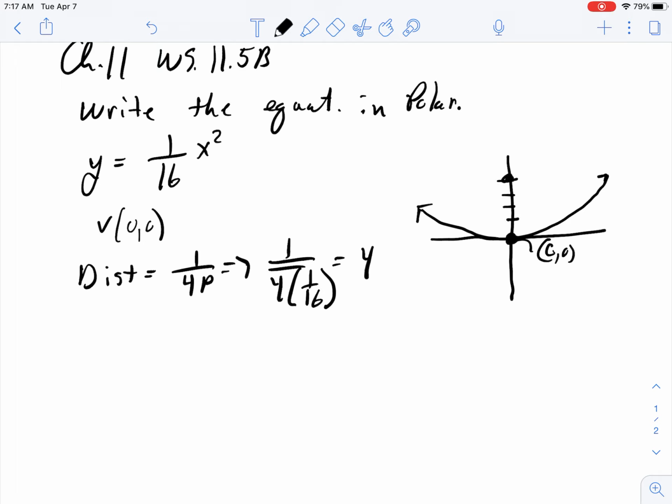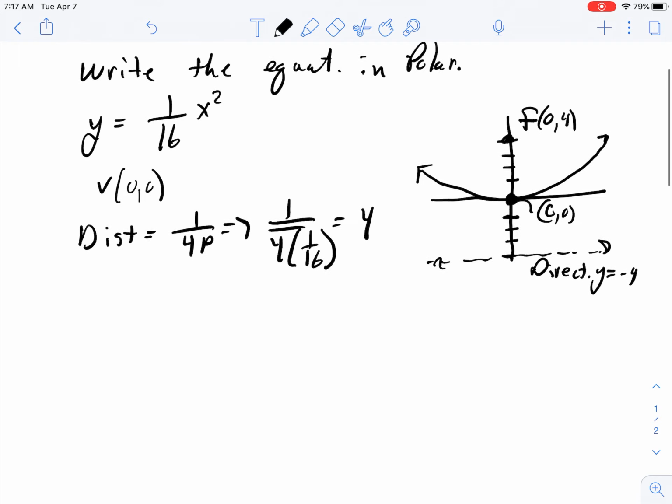My focus is going to be 4 units up, so my focus is 0, 4, and my directrix is 4 units below. So the directrix is y equals -4.